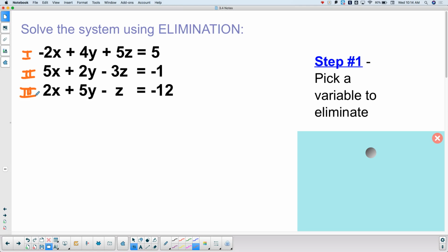With Z's, you've got a singleton Z. You've got a 1Z in the third equation, which you could multiply to eliminate the other 2 Z's. So again, it doesn't matter which variable you eliminate. Okay? So I will leave it up to you. Do you want to eliminate x, y, or z? X. Okay? So we're going to pick x to eliminate.